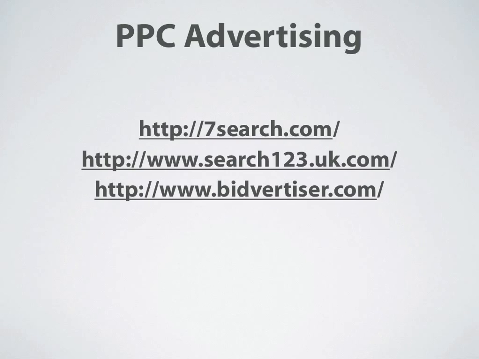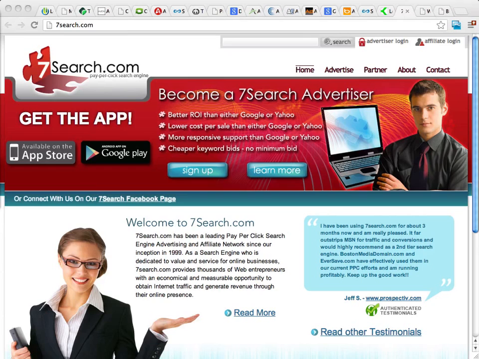There are also a few other PPC advertising platforms. The first one we'll talk about is 7Search. It's popular with a lot of marketers. 7Search generally offers better return on investment than Google or Bing, and they also have better prices. They're definitely going to have less traffic though, so that's something you need to keep in mind.